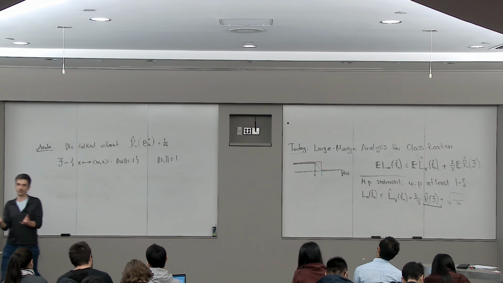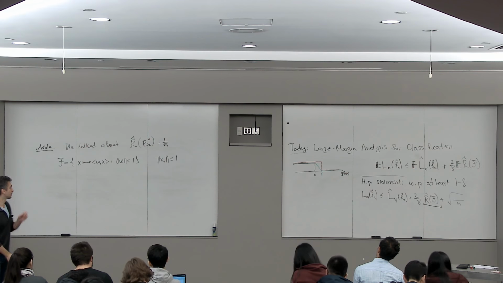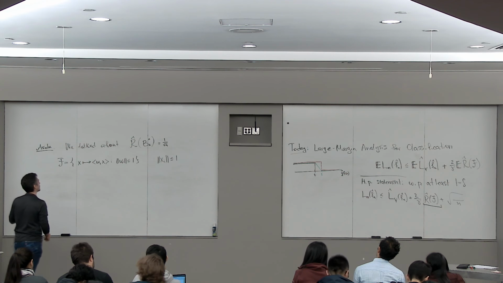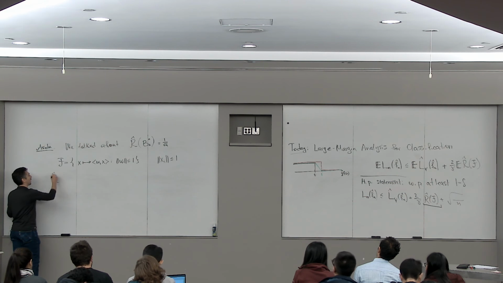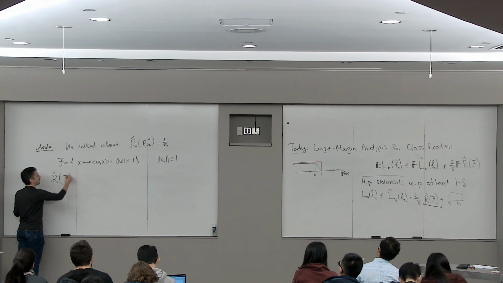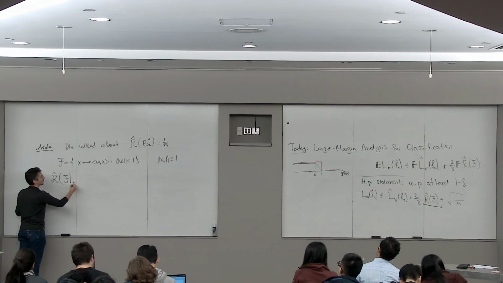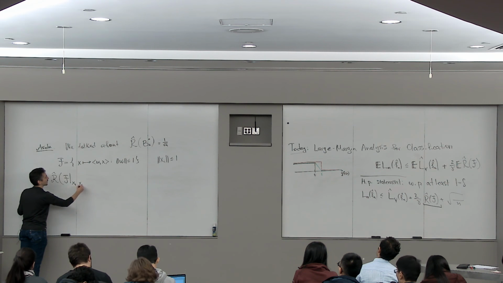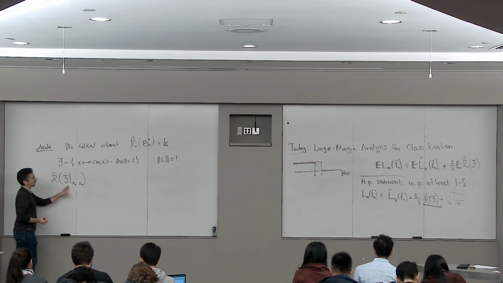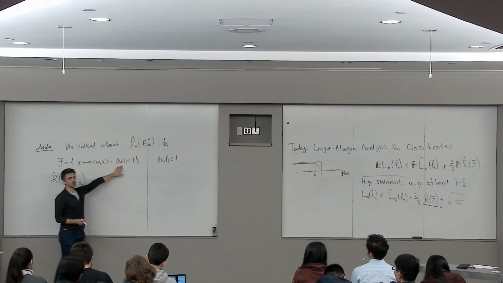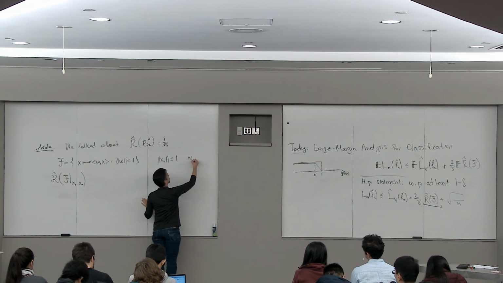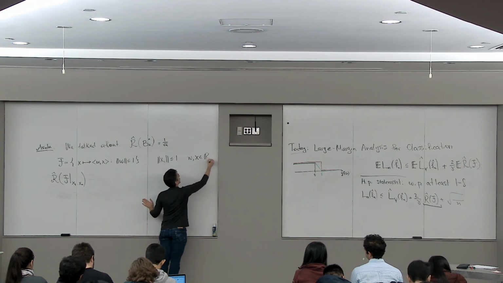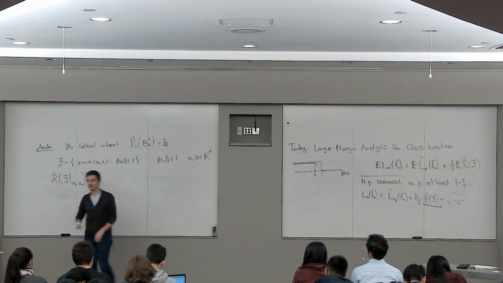All the data lives inside a ball. Now I need to talk about Rademacher averages of f projected onto x1 through xn. Now this is a ball, but these objects live in d-dimensional space. So w and x live in R^d.